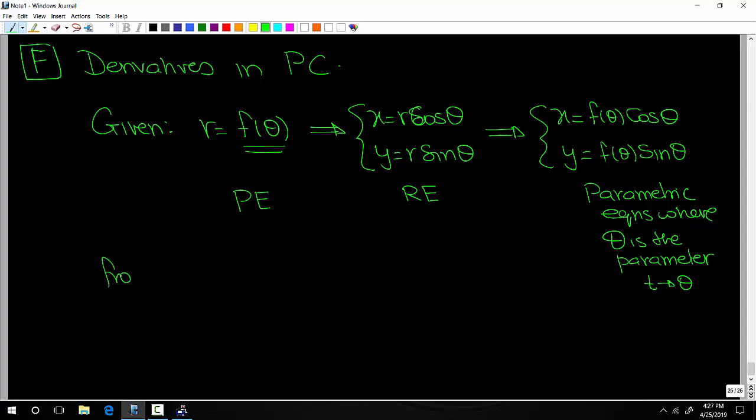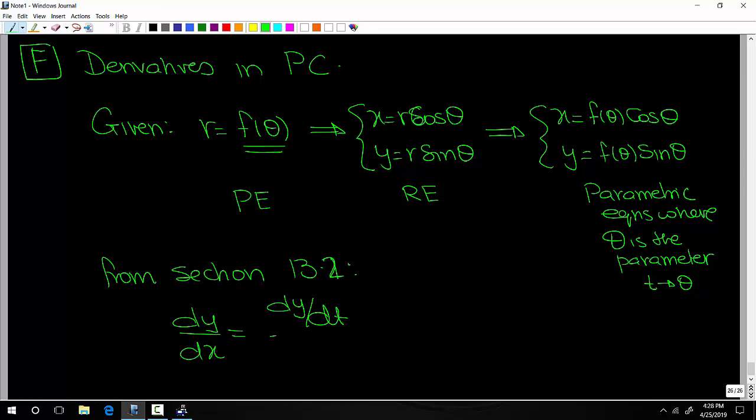So from section 13.2, we know that dy over dx is equal to dy over dt over dx over dt.